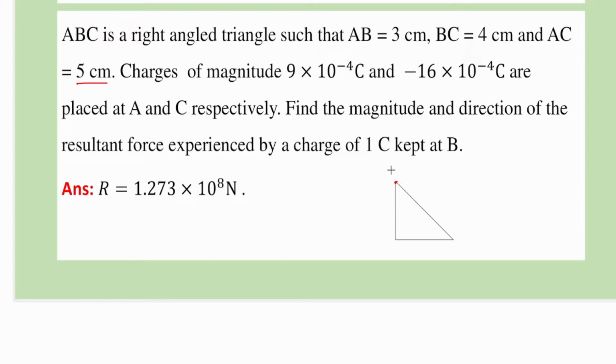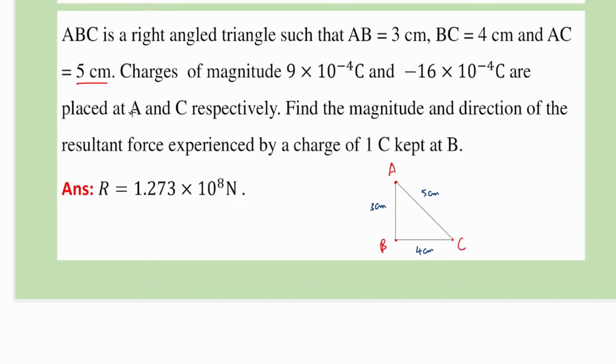So if this point is taken as A, this should be point C, and what is remaining is point B. So this would be point B. The question says AB is 3 cm. So this distance here is 3 cm, BC is 4 cm, and this should be 5 cm. That is the values given there.